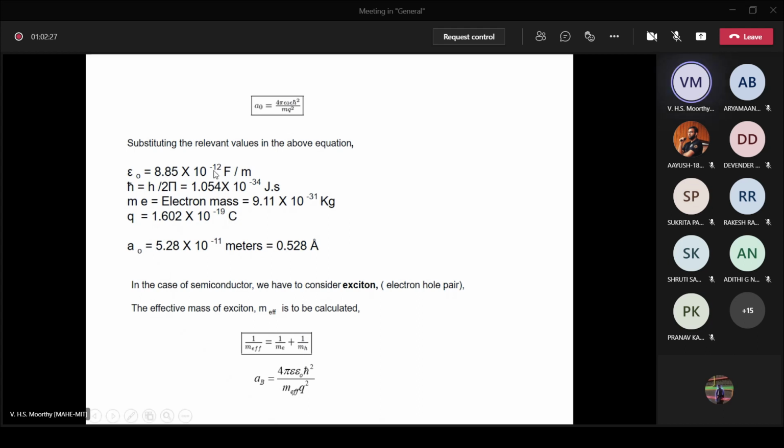Okay, so now take epsilon 0 equal to 8.85 times 10 power minus 12 farads per meter, h cross equal to this much, me, the mass of the electron, is this, and q is this. So please all of you take these values and calculate A0.